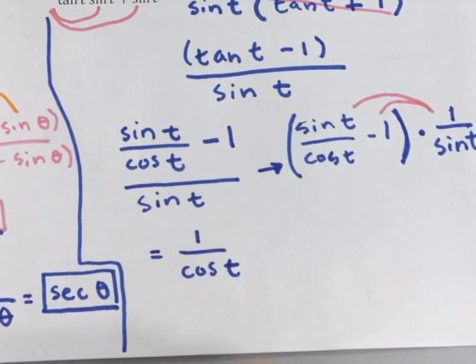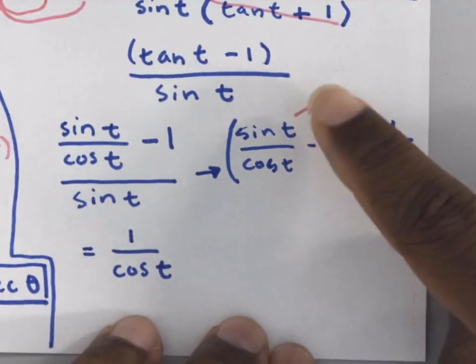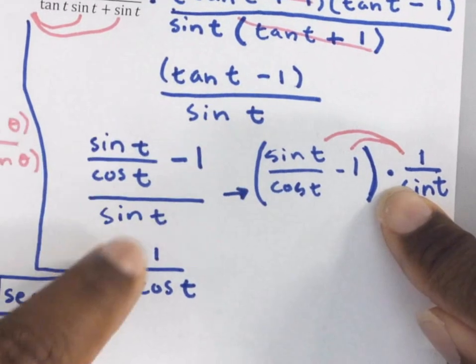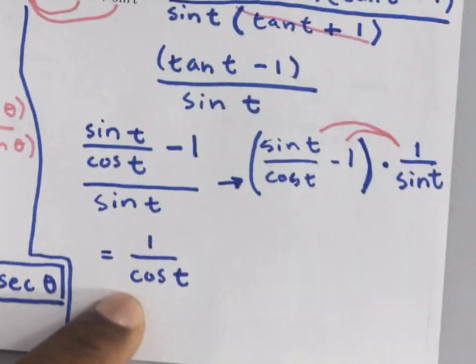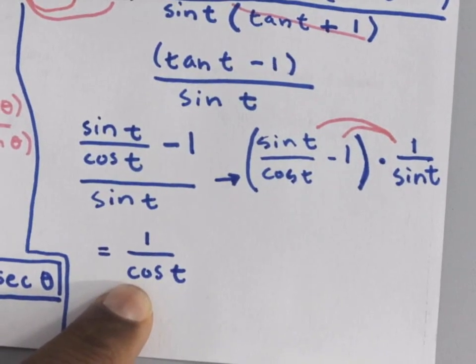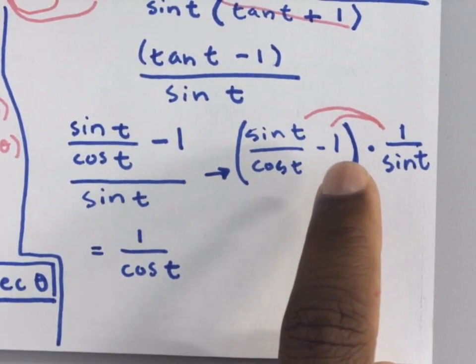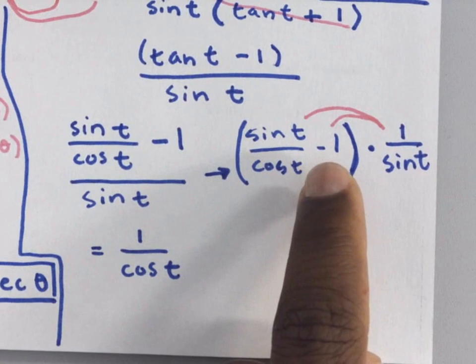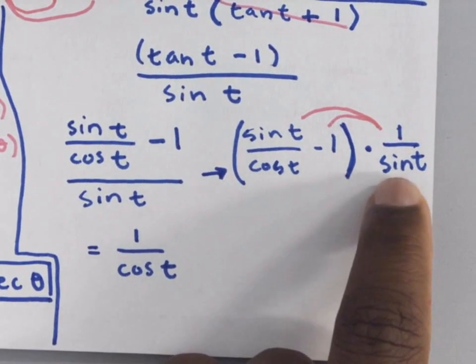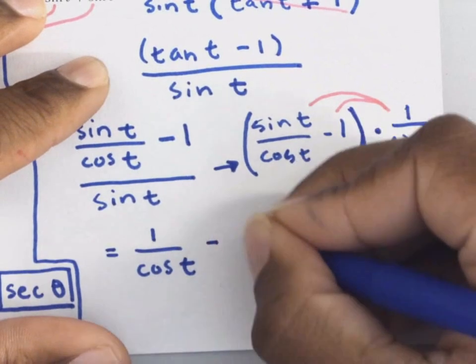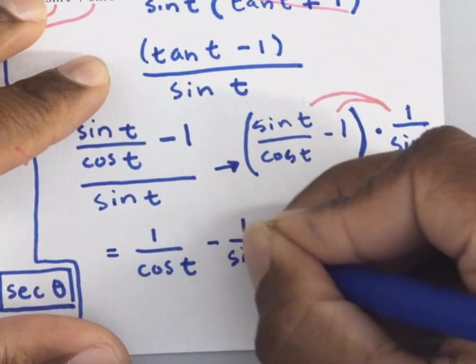Okay, so before we go too far, I distributed 1 over sine t and the sines canceled to leave me with just 1 over cosine t. Is everybody okay getting there? And then negative 1 times this will just make this negative, right? So it'll be minus 1 over sine t.